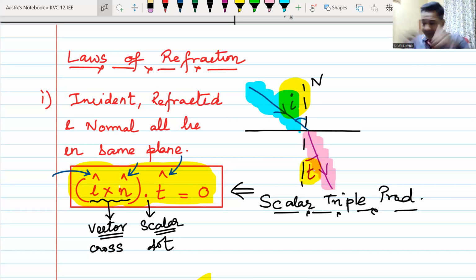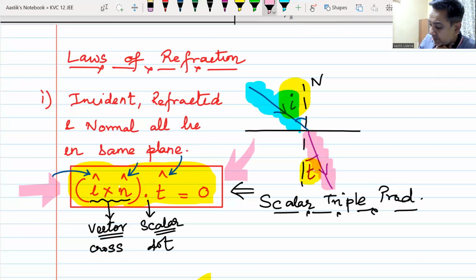Do you understand the yellow thing that I have done here? Scalar triple product. Just need to remember this.